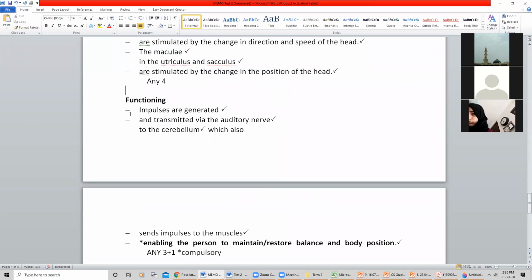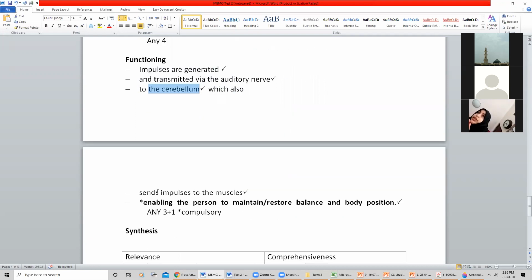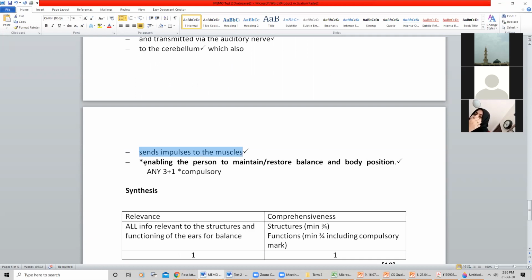Okay, and then they generate impulses, and these travel on the auditory nerve until they reach the cerebellum, and then the cerebellum will send impulses back to the muscles, and it enables a person to maintain or restore balance and body position.